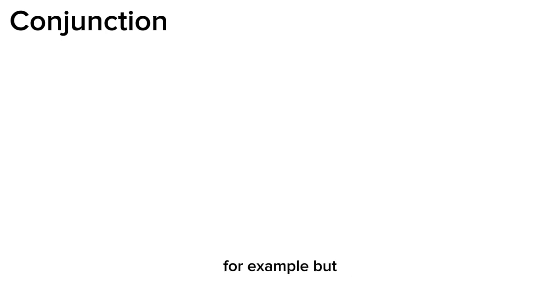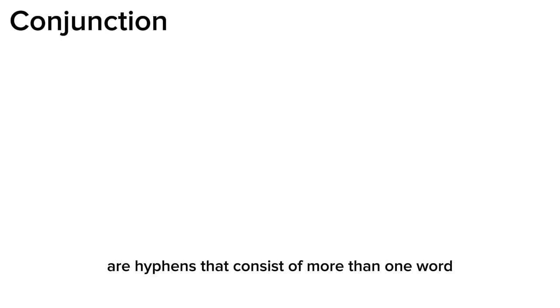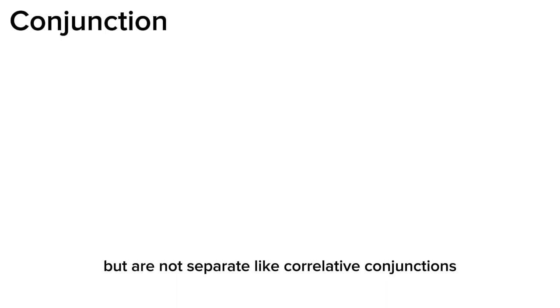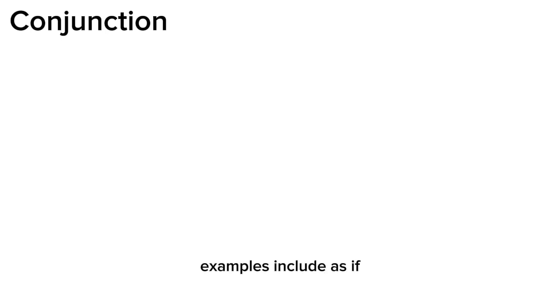For example, but and also. Compound conjunctions are hybrids that consist of more than one word but are not separate like correlative conjunctions. Examples include as if, as long as, provided that, in order that.